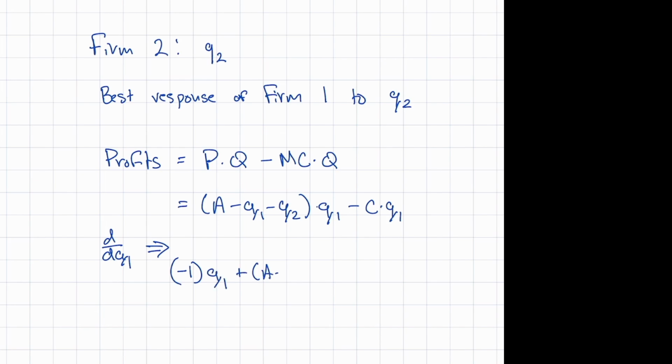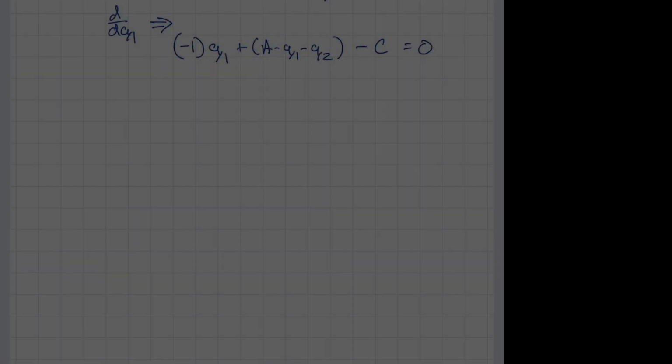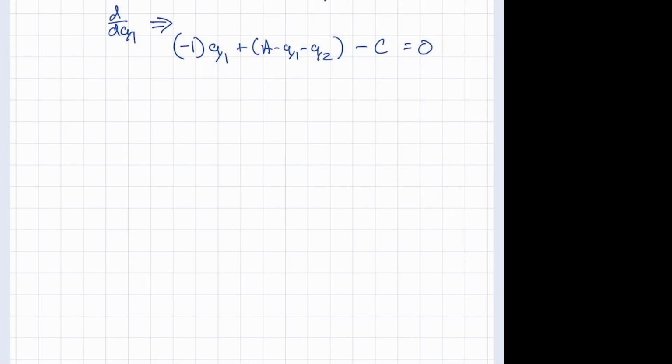Like any objective function, we take the derivative and set it equal to 0. Now, on a test, you might get a little confused at this point. We see 4 letters here, and you know you need to solve for one of the letters. Which of the letters do we solve for? Just remember what we're trying to do. We're trying to figure out the quantity of firm 1 that maximizes their profits. So we're solving for Q1.